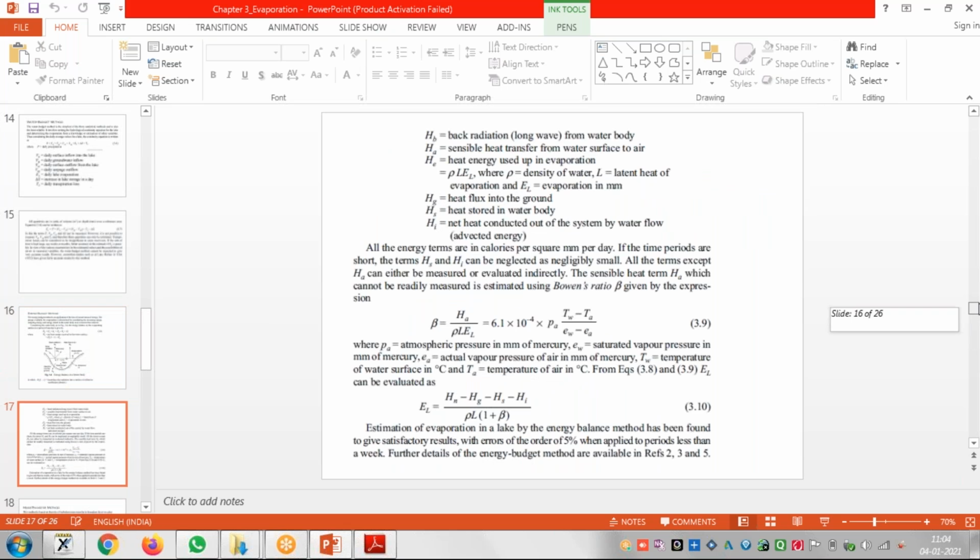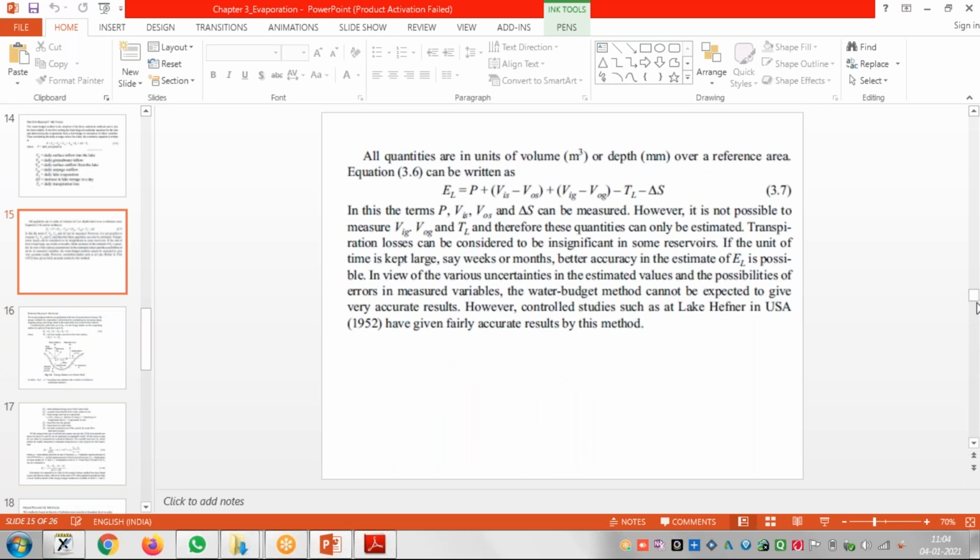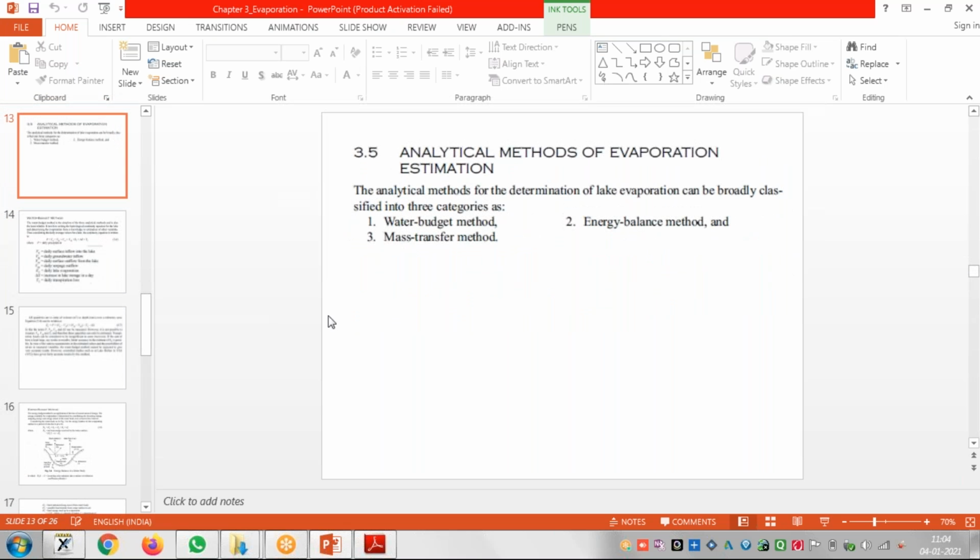See, we have seen the analytical methods. Within that, there are three methods, right? Water budget, energy balance, and mass transfer method. These are the analytical methods of evaporation.